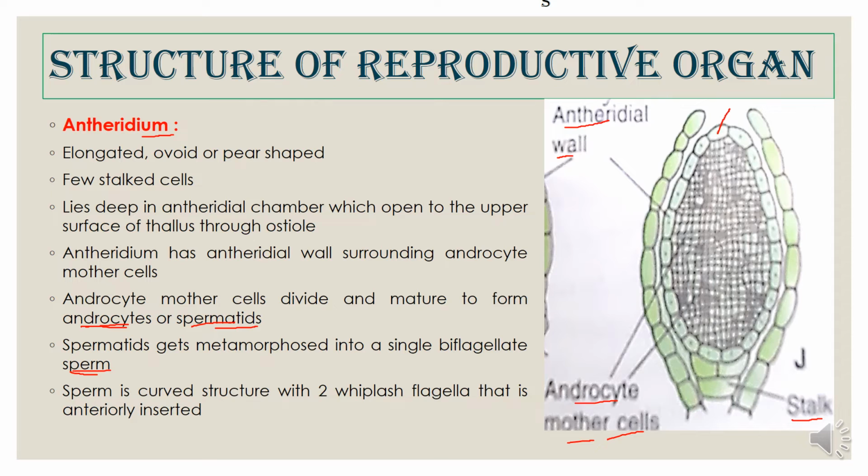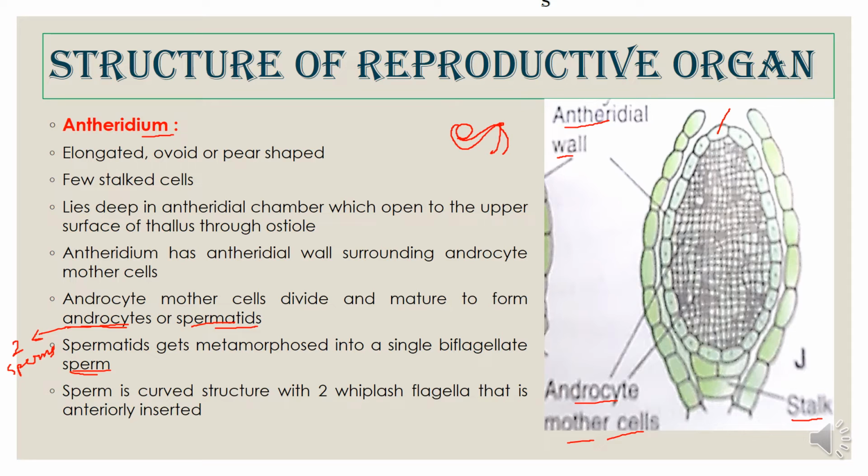A single androcyte can produce one sperm, and the sperms are very slender structures. They have a posterior vesicle, then the elongated comma shaped nucleus, and anterior to it are two whiplash flagella.